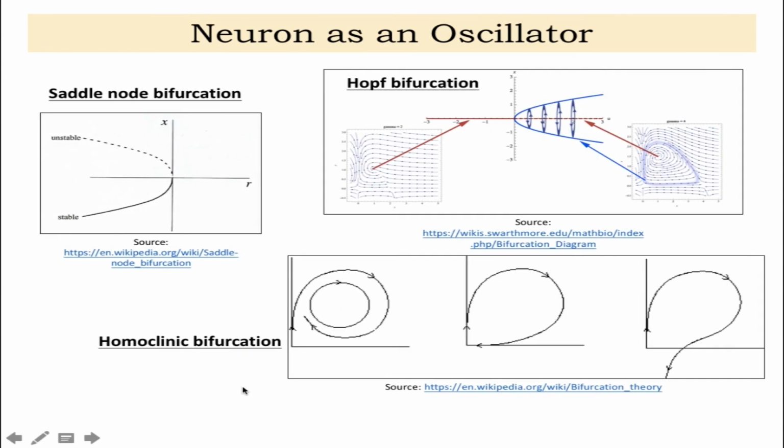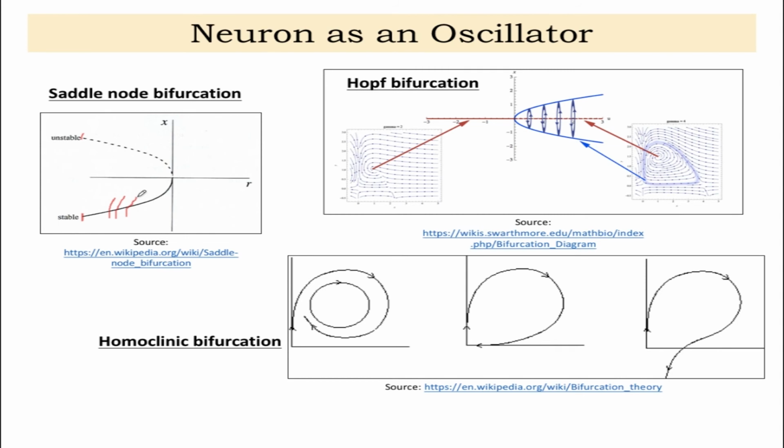Now how do these bifurcations look? In the bifurcation diagram for the saddle node, there is one node which is stable and one which is unstable. Corresponding to the stable node, the quiescent mode is countered by the generation of the action potential, then suddenly this frequency will start, and in the stable node this will create a spiking of the action signals.